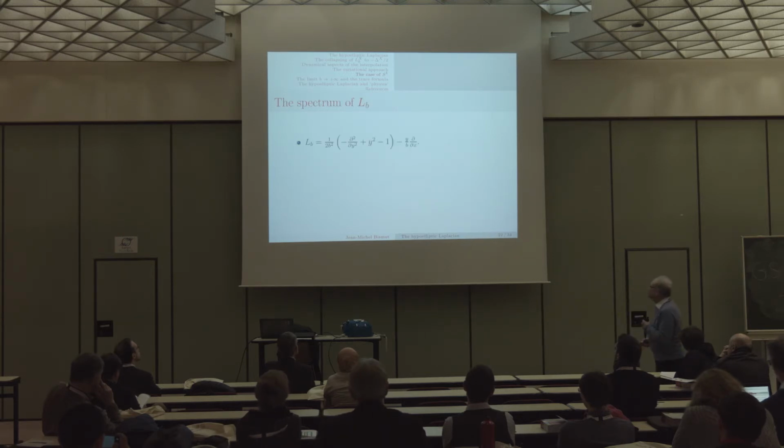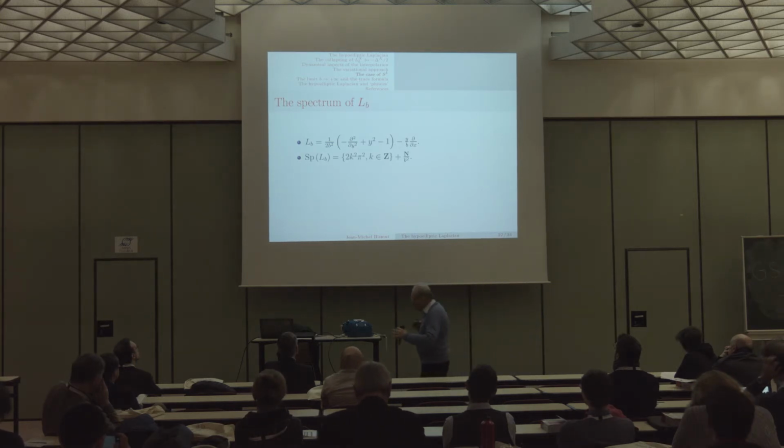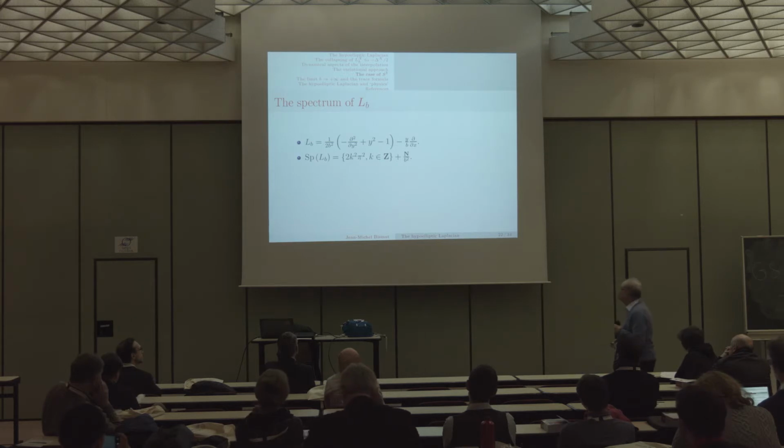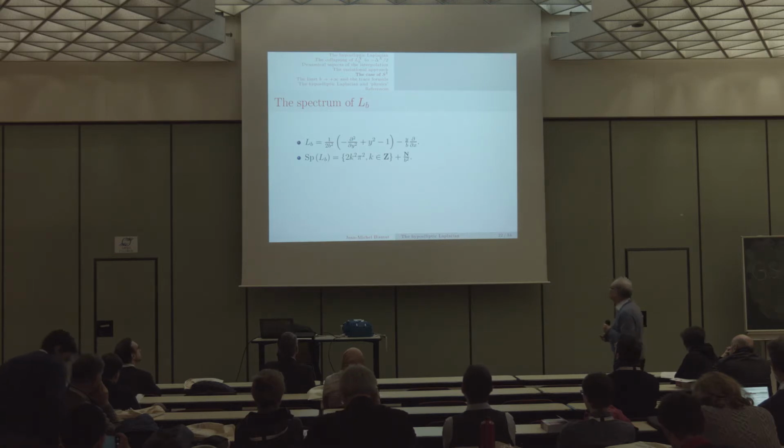So what is the spectrum of LB? I rewrote the operator in two variables, x and y. And now what I know is that the spectrum of LB is made of two pieces. The plus here means that you add the elements of these sets term by term. There is a first piece, which is just 2 chi-squared p squared, the spectrum of the Laplacian on S1. And then there is a scaled version of the integers, n divided by b squared.